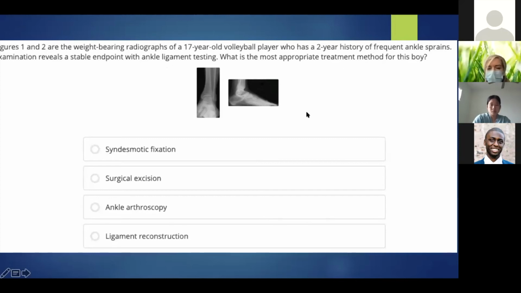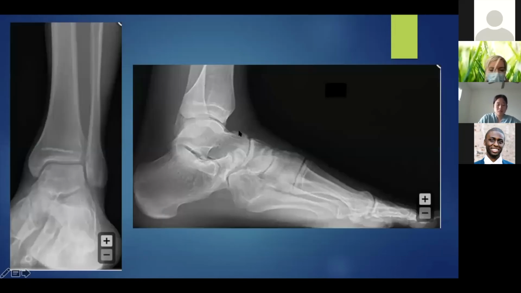So when you're thinking of a young pediatric patient population with ankle sprains, what other things come to mind? Because if they talk about ligament reconstruction, we know that ligaments are stable. Arthroscopy, we don't see an osteochondral defect. Syndesmosis, that looks okay. So what other things are you thinking? Yeah, for a young patient, I guess you'd worry more about something almost congenital, like a coalition or something like that.